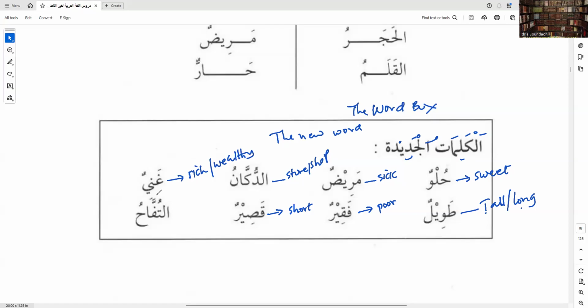So ghaniyun can be a person who either possesses tangible wealth or intangible wealth, or you can call it solid or liquid. Doesn't matter. Please use the word ghaniyun. Then we have finally tufah. The tufah is the apple.